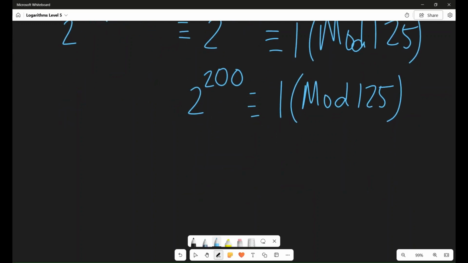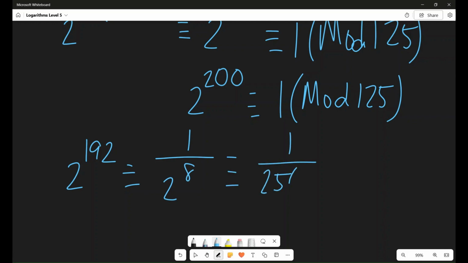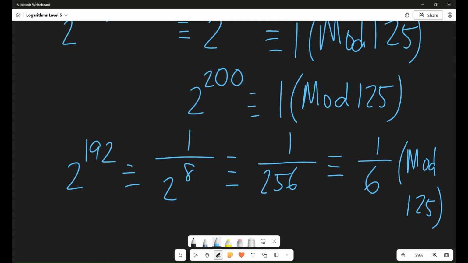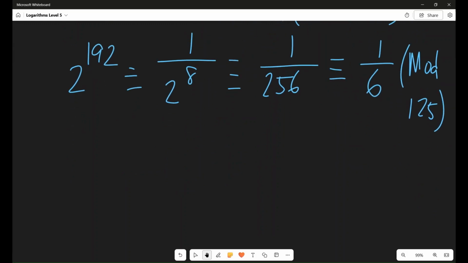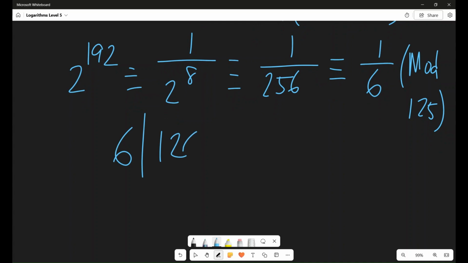So we can write 2 to the power of 192 as 1 over 2 to the power of 8. That is 1 over 256. And since we're in mod 125, that is congruent to 1 over 6 in mod 125. So essentially, all we want is the inverse of 6 in mod 125. Now, since 6 is a factor of 126, this is actually fairly simple, right?